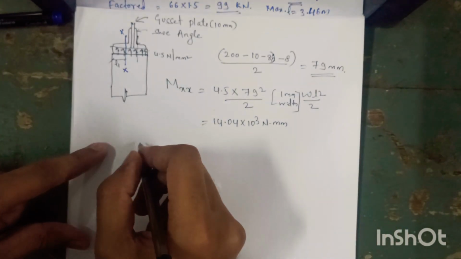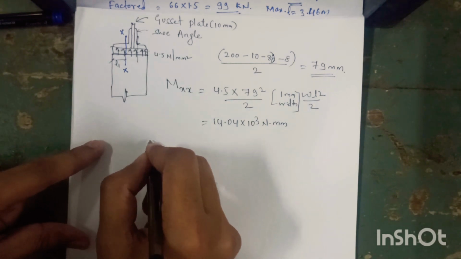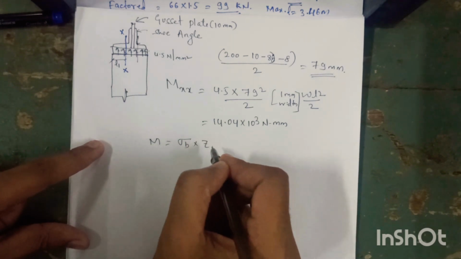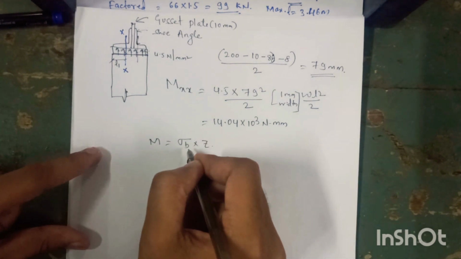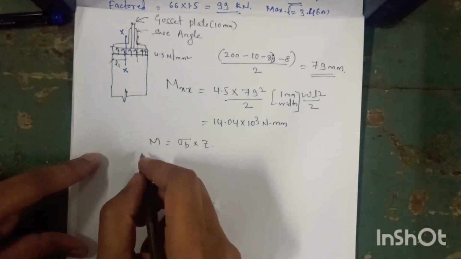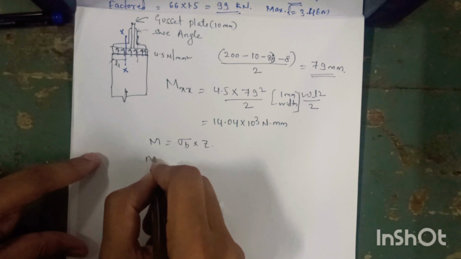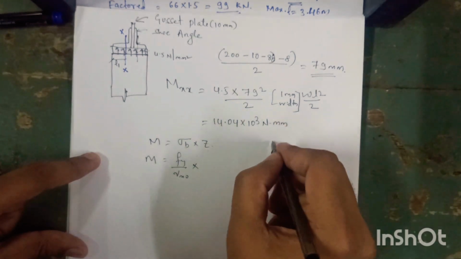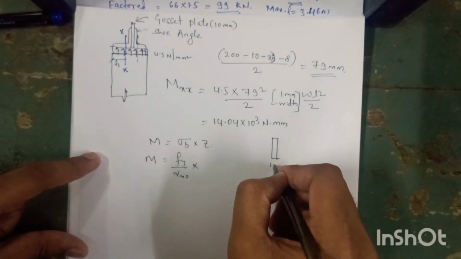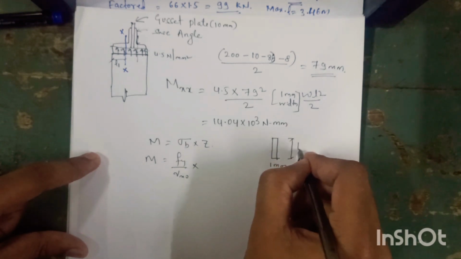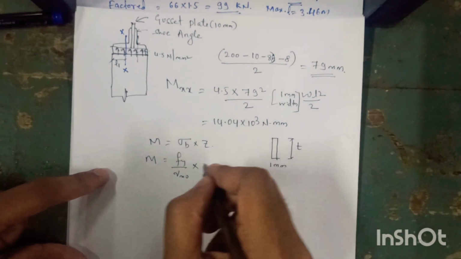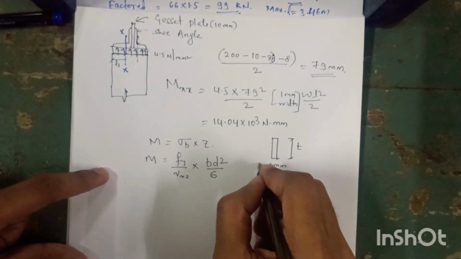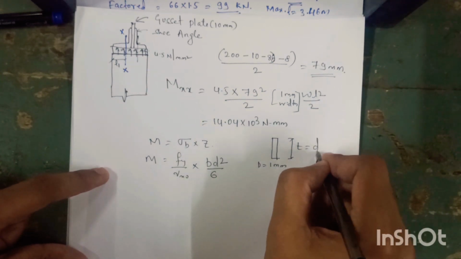Okay. Now using the bending equation, that is M is equal to sigma into Z, that is bending stress into section modulus. Sigma is Fy by gamma m0, and for a rectangular section, we are calculating for 1 mm width, and this is the thickness or depth of the base plate, so Z is BD square divided by 6, where B is equal to 1 and D is equal to thickness.